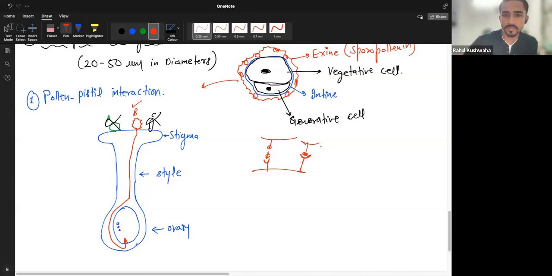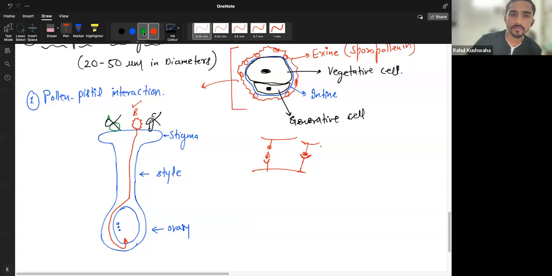This is how the pollen grain looks when it is inside the anthers. Just before the anther is about to dehisce and the pollen grains are about to come out, the generative nucleus divides into two. This is a mitotic division. So write this down.